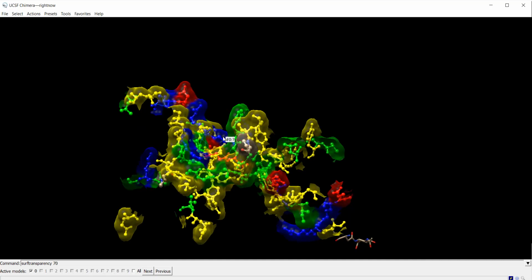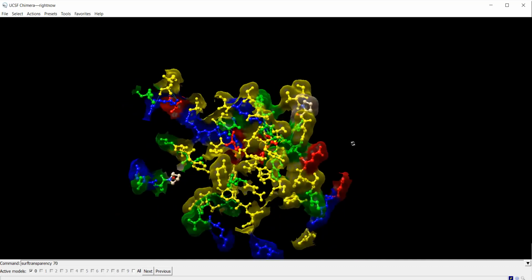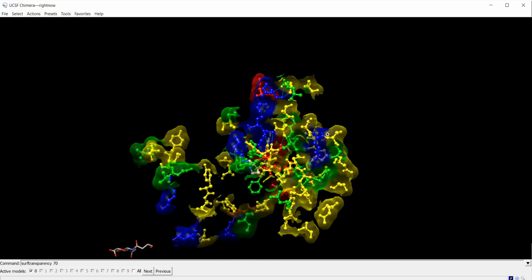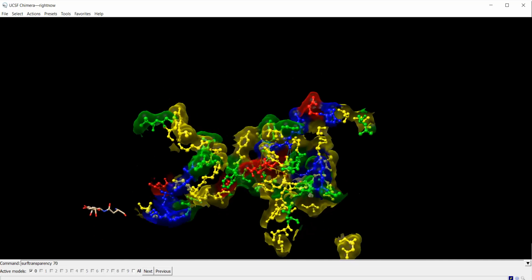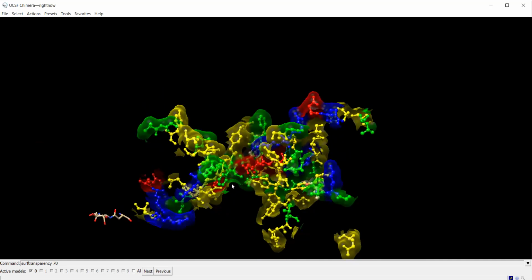So we're gonna be discussing some of the interactions that are happening right here in this interface. First, I would like to mention van der Waals forces or dipole moments that are created between negative and positive areas.